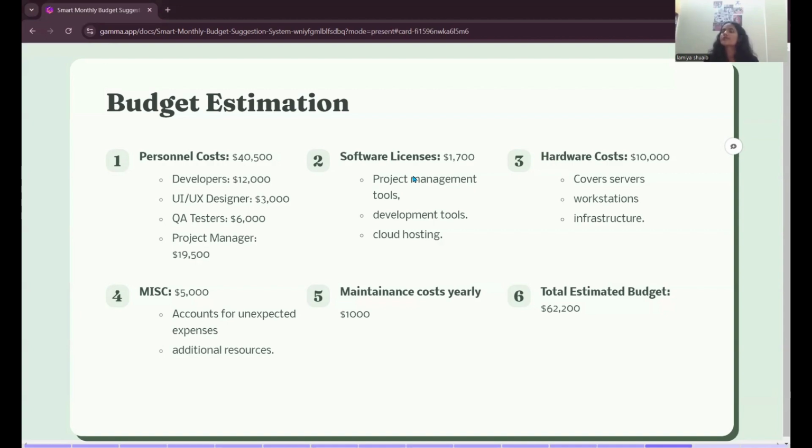We can't just publish it directly, so that is why $1,700 for that. Hardware cost took around $10,000, for example, databases and workstations. And then miscellaneous $5,000, maintenance cost $10,000, and our total estimated cost would be around $62,200.